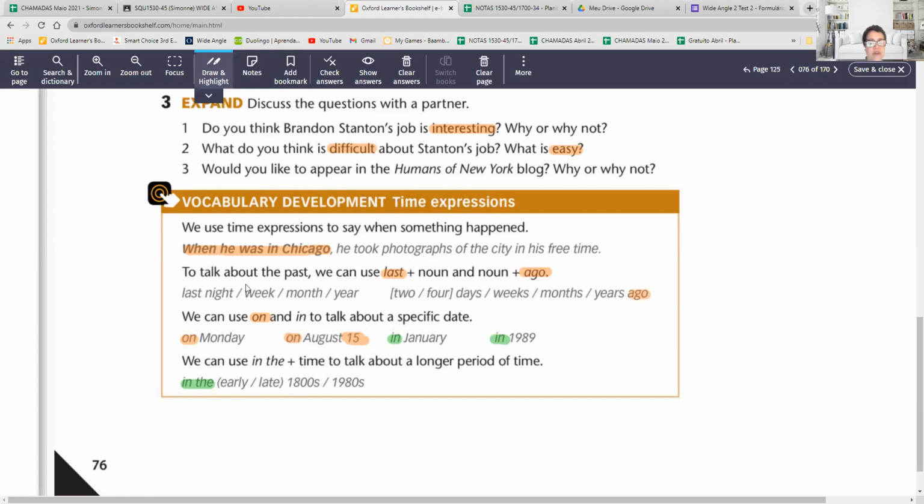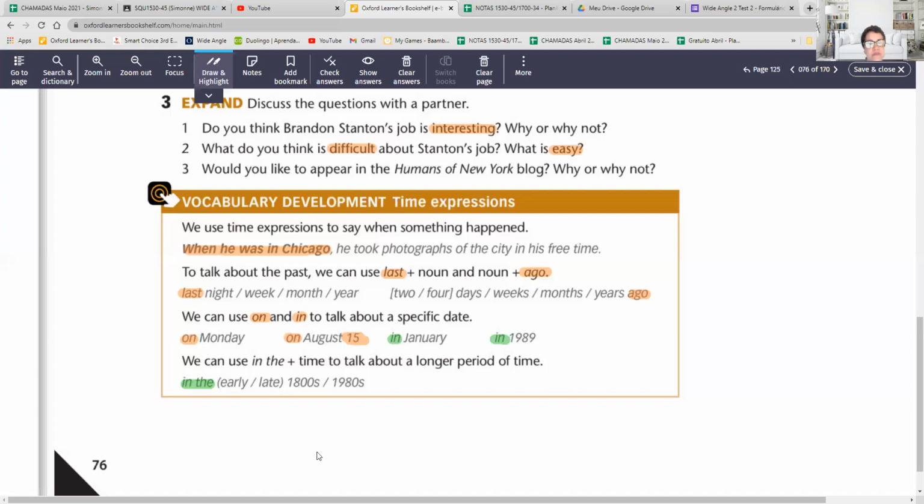So here we have ago and last, and we saw some prepositions like on and in to talk about a specific date. Example, on Monday, on August 15th, in January, in 1989. So you see there are many words that help us talk about the past, by saying when something happened.